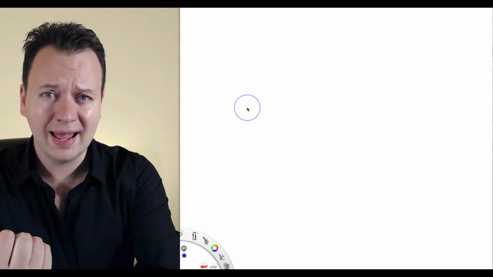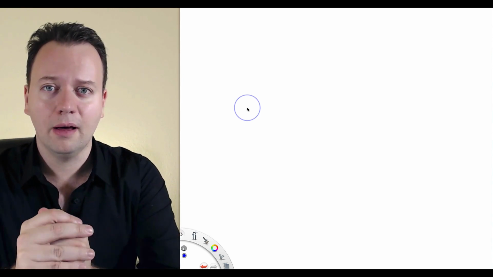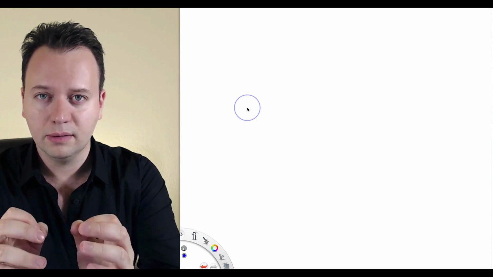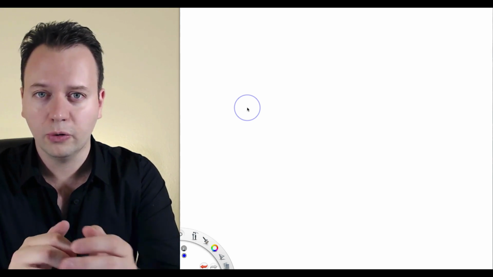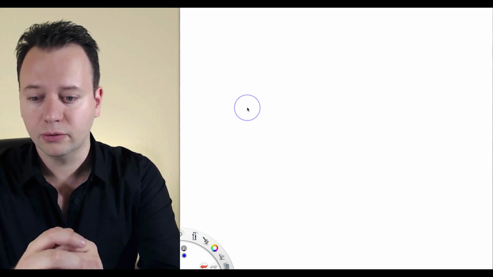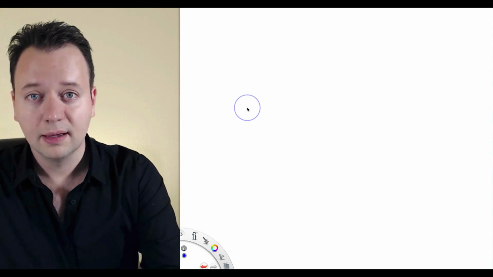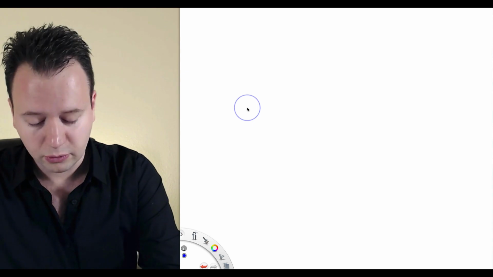Once we understand antiderivatives, we'll begin discussing the heart of calculus 2, or integral calculus, which is the definite integral. But first we have a basic notation, and that is the concept of an antiderivative.